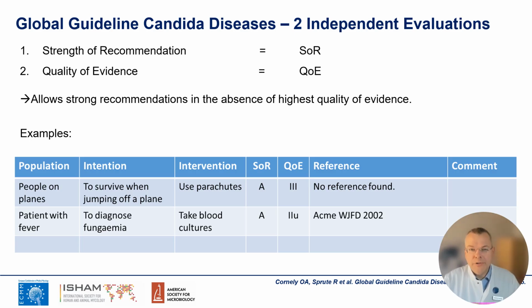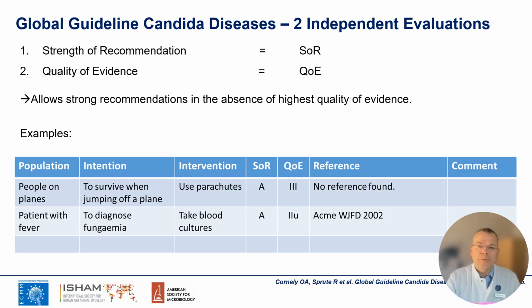There are two examples in this table. One is more or less a funny example: if you're on an airplane and there is a parachute, would you use it? In terms of the tables, which give a logical structure from left to right, that would be phrased like this. For the population, people on planes, the intention is to survive when jumping off a plane. The intervention: use parachutes.